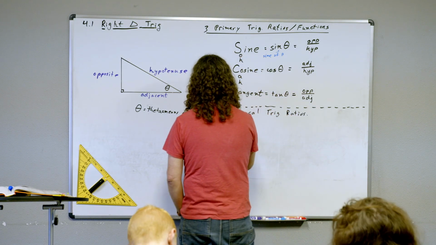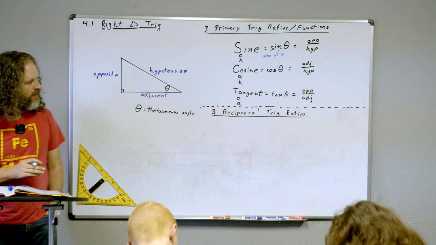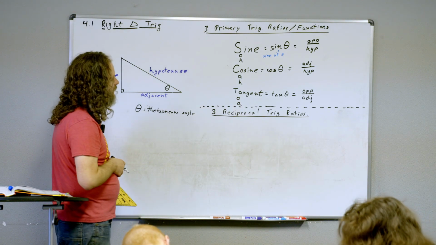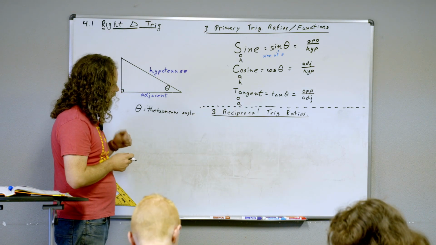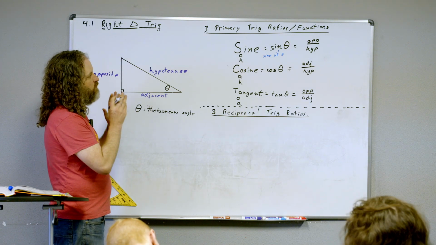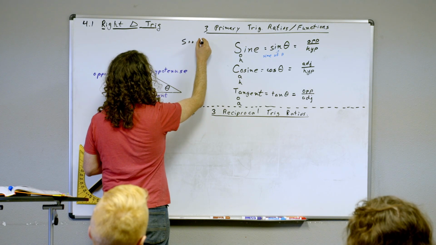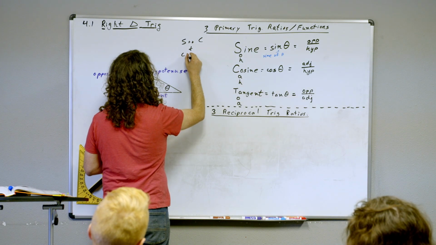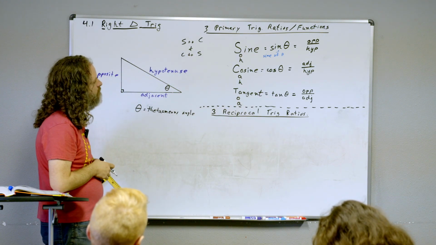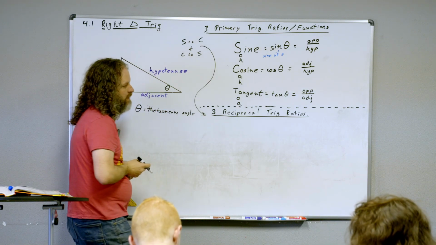We talk about them at this part, even though we talk about identities mostly in the next chapter, because they have special names too. The way I think it's easiest to remember which one is which is S to C and C to S. I'll show you what I mean here. It goes with this. Okay?